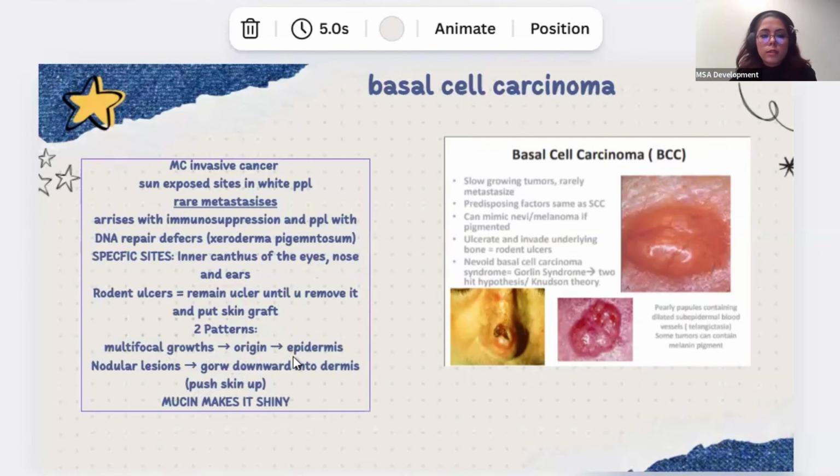There is multifocal growth. Origin comes from the epidermis. Nodular lesions grow downward into the dermis. The reason it's shiny is because of mucin. Okay, so if they tell you, oh, this lesion is shiny and it has telangiectasia, which is like blood vessels on it, you think basal cell carcinoma immediately.